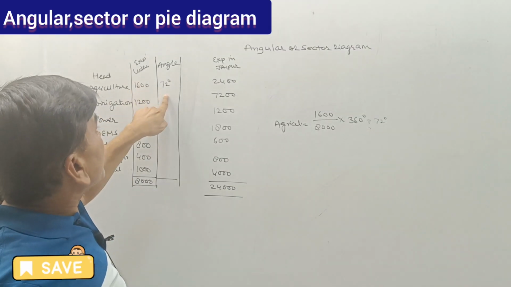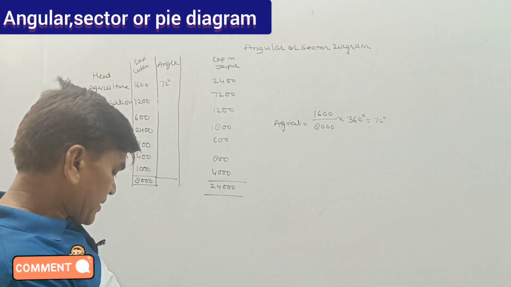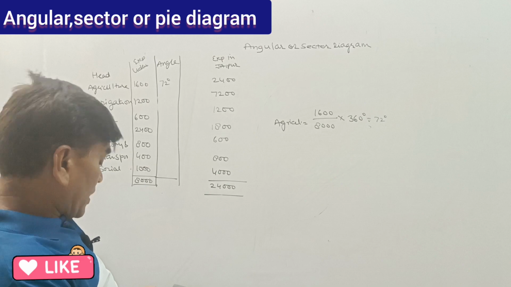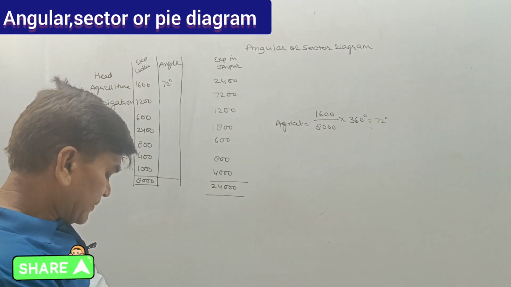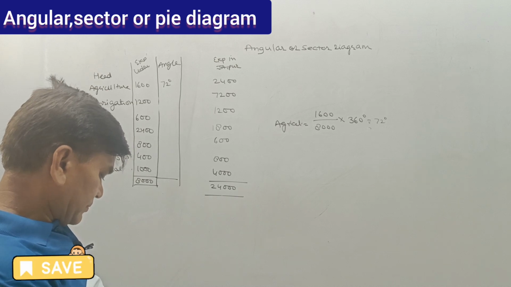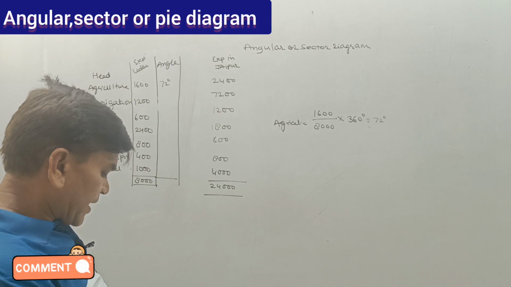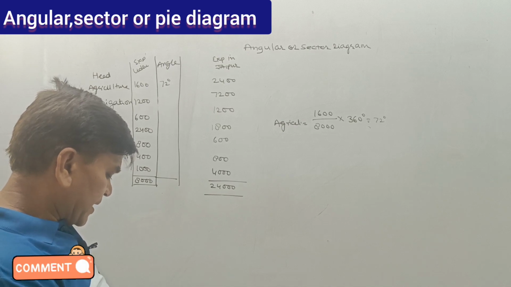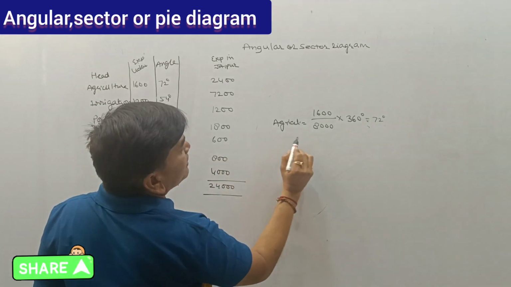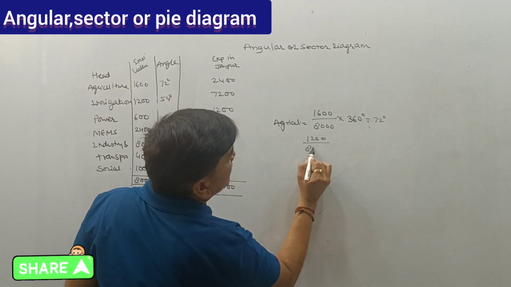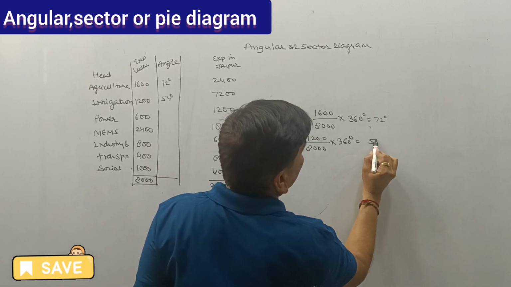Similarly we get the angles of all. Next, 1200 divided by 8000 multiplied by 360 degrees is 54 degrees.